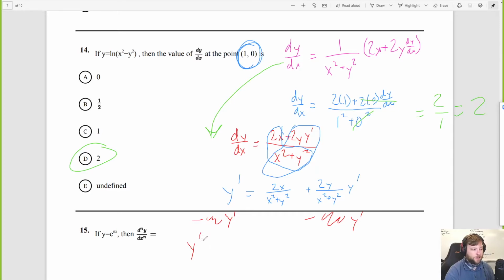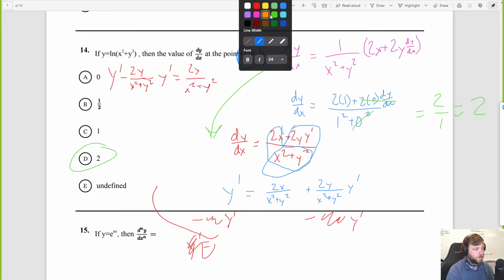I don't know if I go too low, you can't see it, right? Okay, no, I'm just going to do it up here. It's going to be y prime minus 2y over x squared plus y squared times y prime equals 2x over x squared plus y squared.